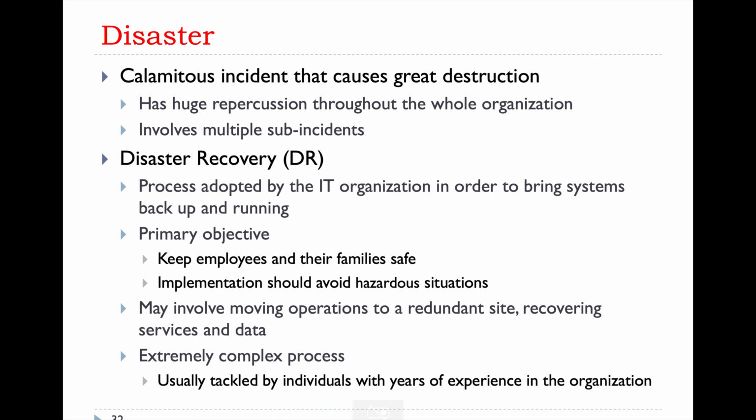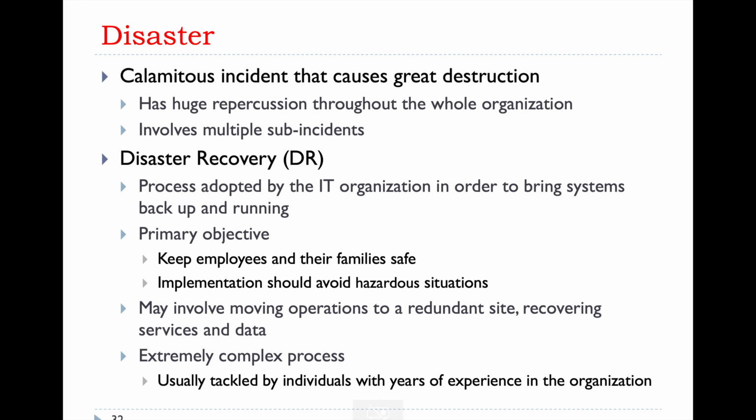So now we move to a similar topic, which is disasters. A disaster is a calamitous incident that causes great destruction. So it has a huge repercussion throughout the whole organization. It usually involves multiple sub-incidents, and the way to deal with it is with a disaster recovery plan.